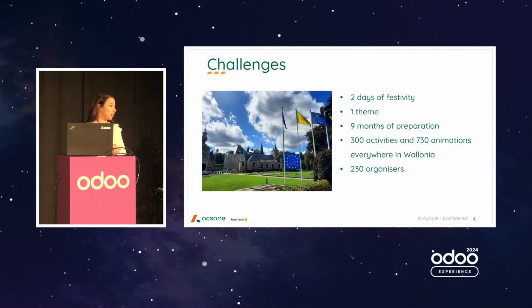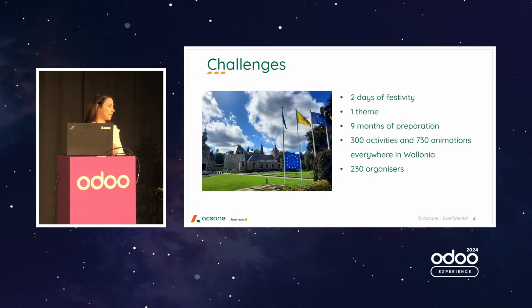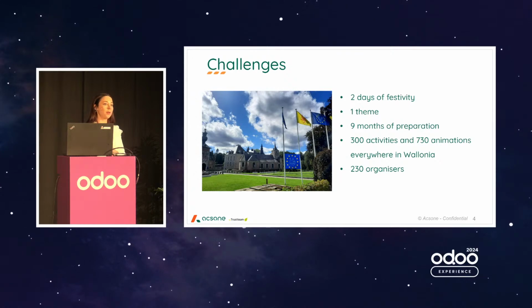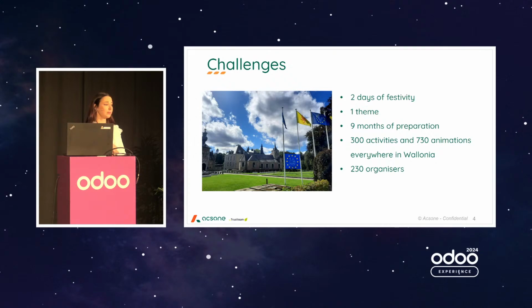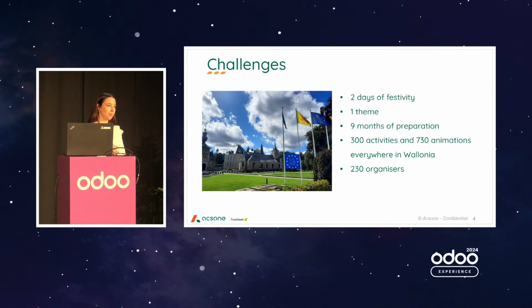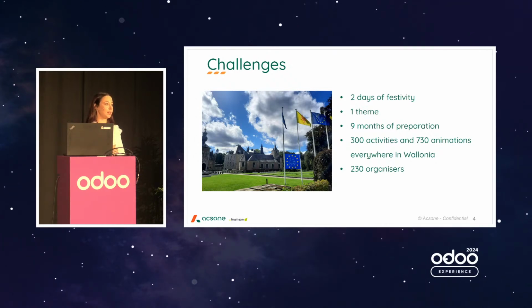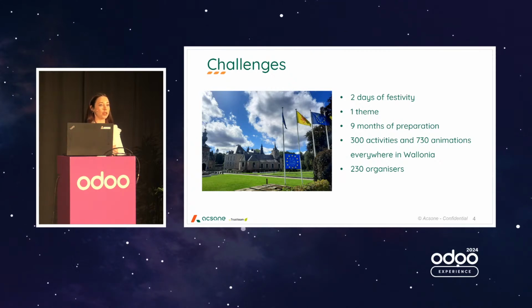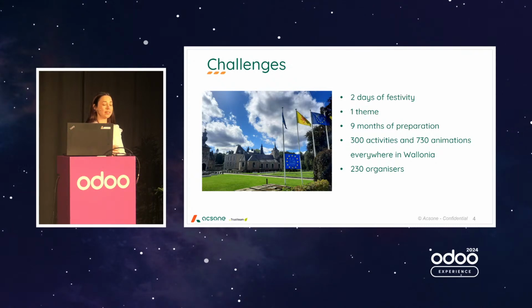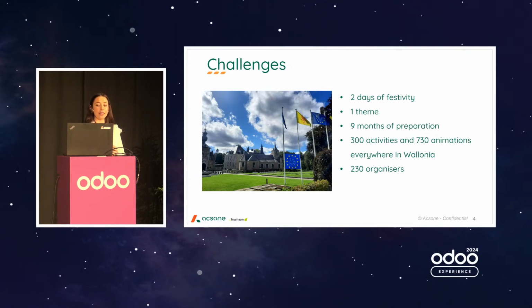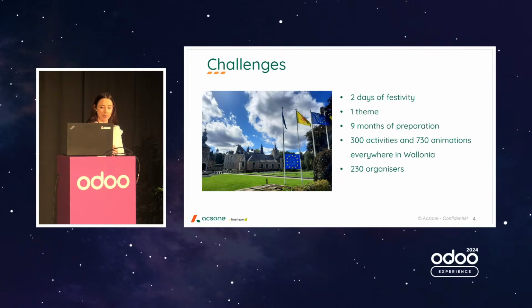So what are the challenges? It's 2 days of festivities. It was 1 month ago, the 7th and 8th of September. They had one theme. This year, it's Heritage Open to all people with disabilities. It's more than 9 months of preparation.